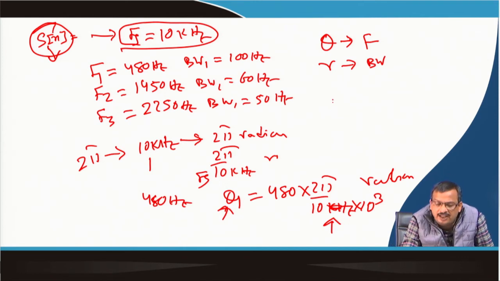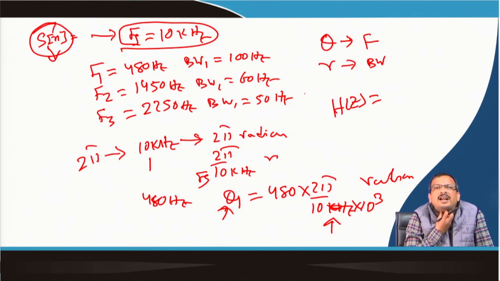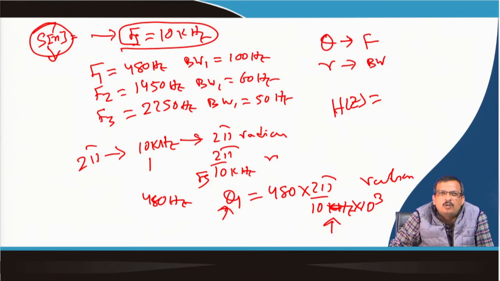So, if I know the Z representation of the SN or vocal tract, I can find out the formant frequency related to pole number 1, pole number 2, pole number 3, and vice versa. Then what is bandwidth? What is the bandwidth related to R?